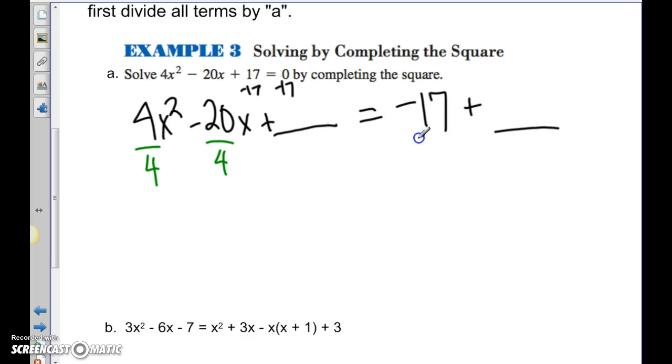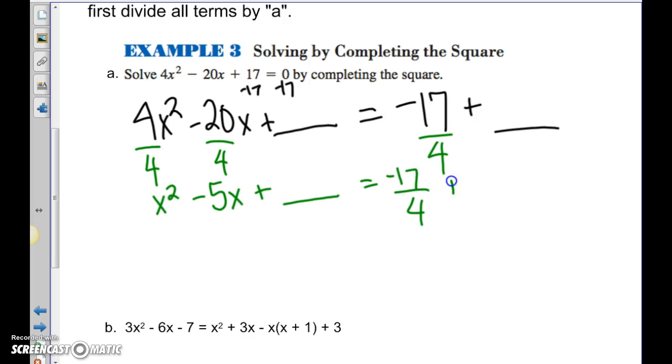These I don't have to divide by 4 yet because I haven't added them yet. So I'm going to do the same thing to both sides. So, x squared minus 5x plus, I don't know why yet, equals negative 17 over 4 plus whatever I added to the left.